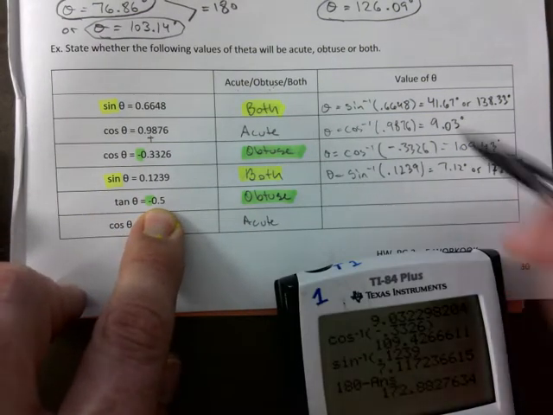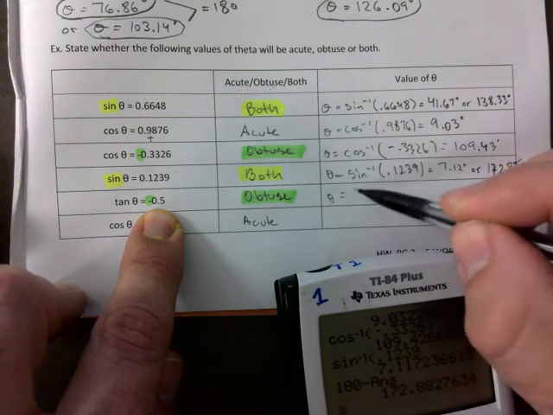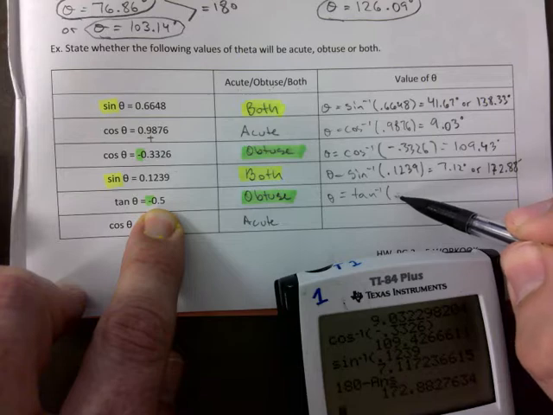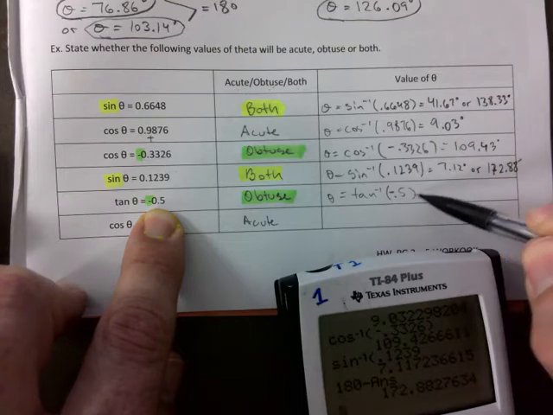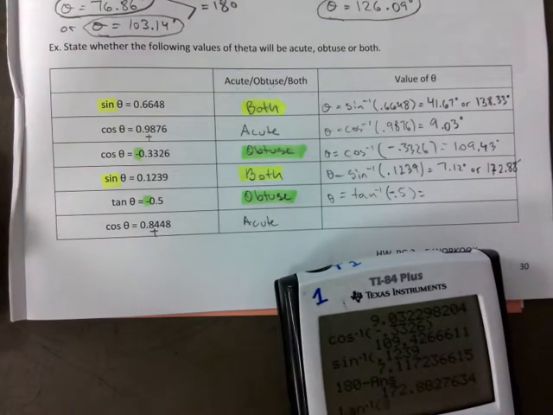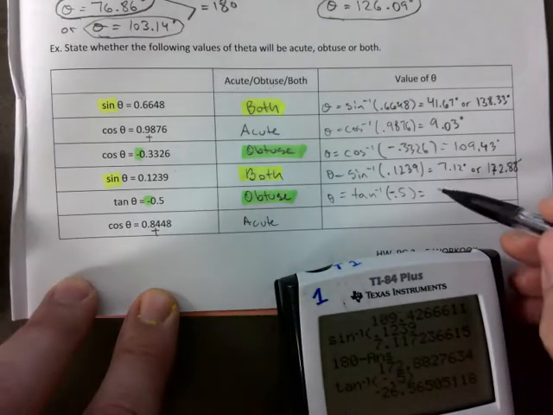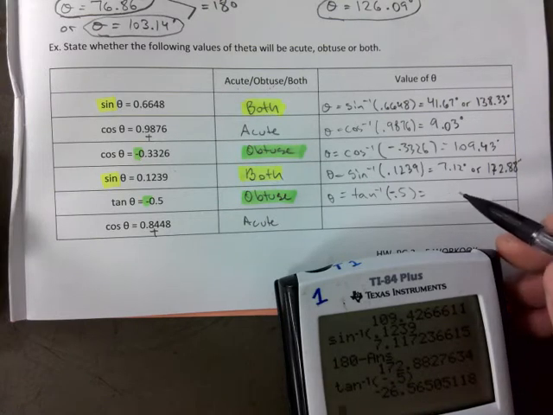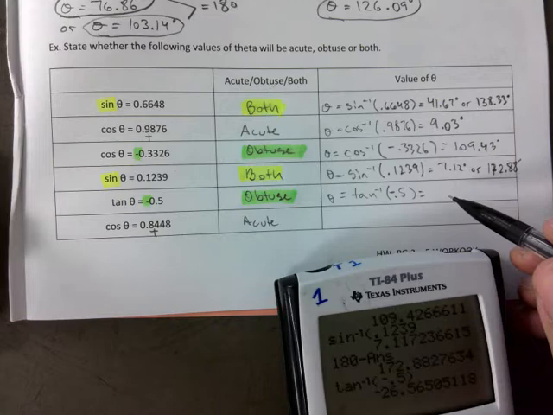And inverse tan, I've thrown a tan here and there because who doesn't mind a tan, right? I'm just kidding. Tan of negative 0.5, it's an obtuse angle.